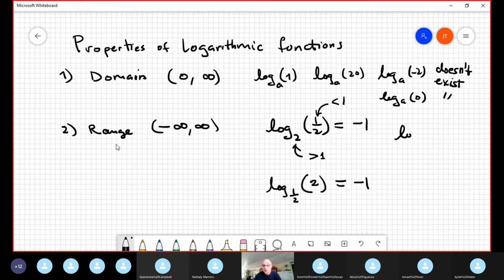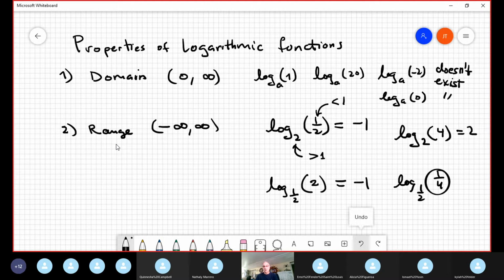However, if the base is greater than 1 and the number is greater than 1, the answer is positive, right? And if the base is less than 1 and the number is less than 1, the answer is also positive, right? Because 1/2 raised to the second power is 1/4. Make sense? This is not super important, but it's a clue that gives you information when you compare logarithms, so you can expect the sign. When you put it in the calculator, know the rule very well.